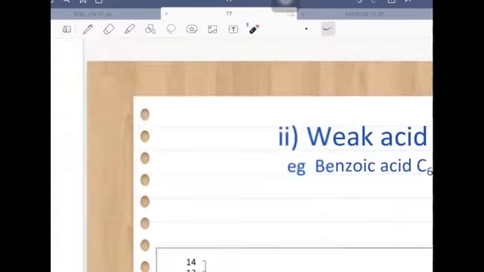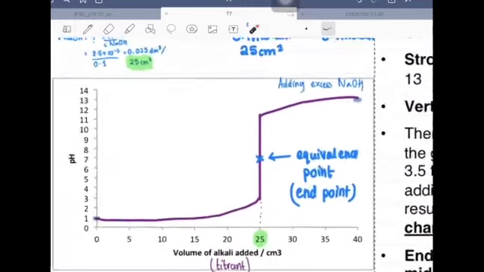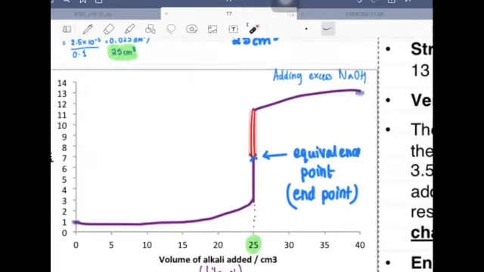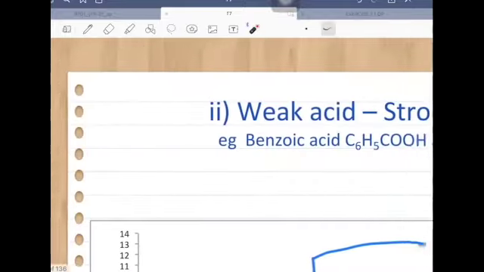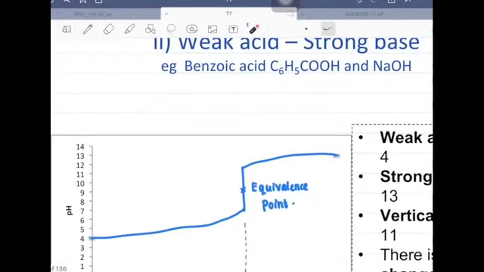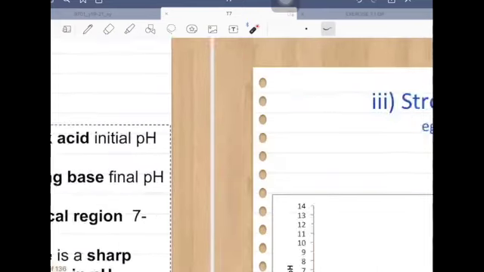What if they are both strong? Strong acid, strong base. So you have an extended vertical line. In a way, they are both trying to pull the vertical line. Okay. Here, your base is stronger. So your vertical region is being pulled up to the basic region or alkaline region.